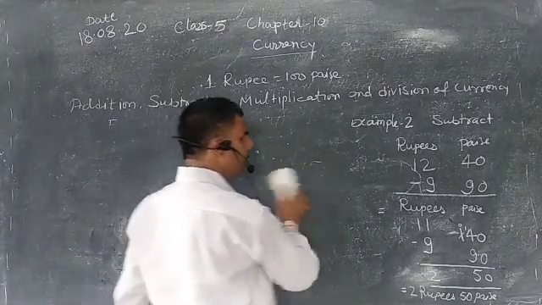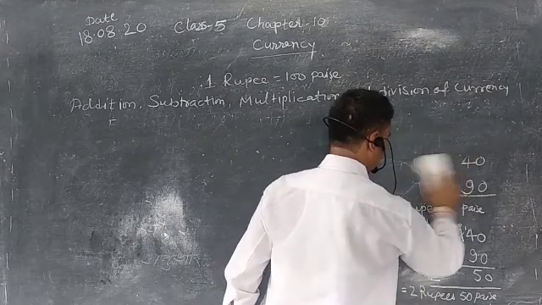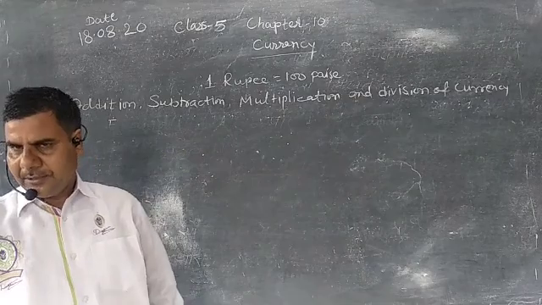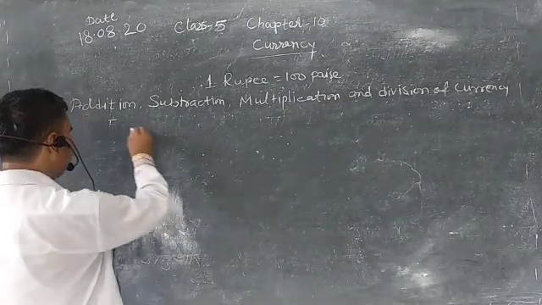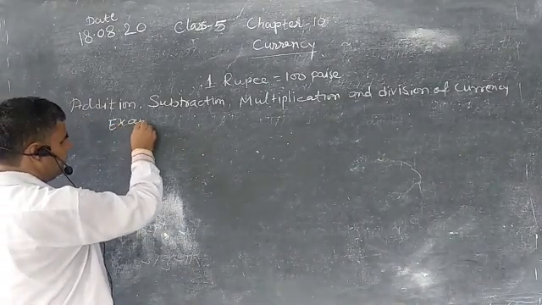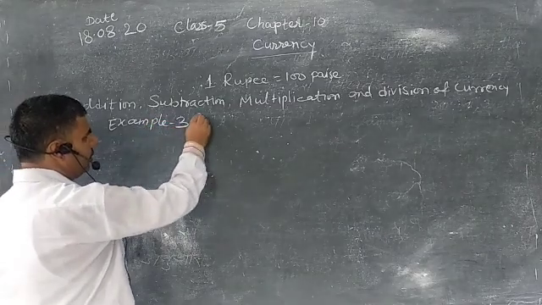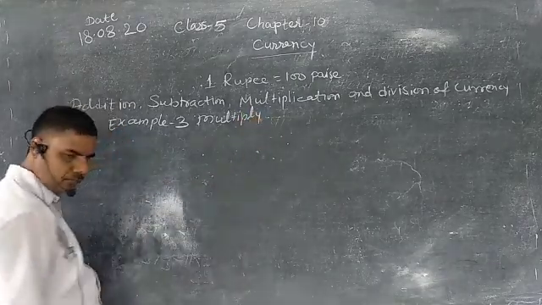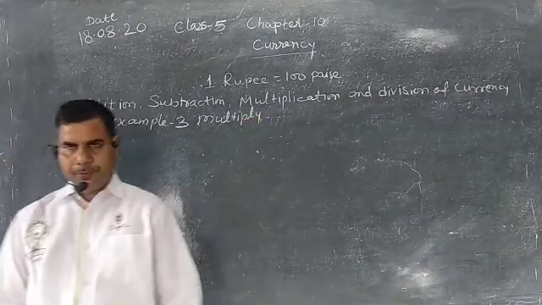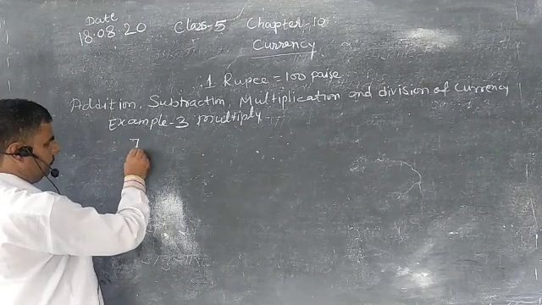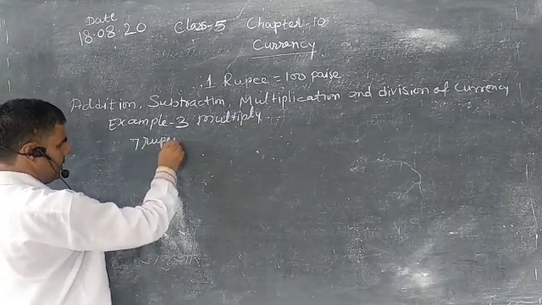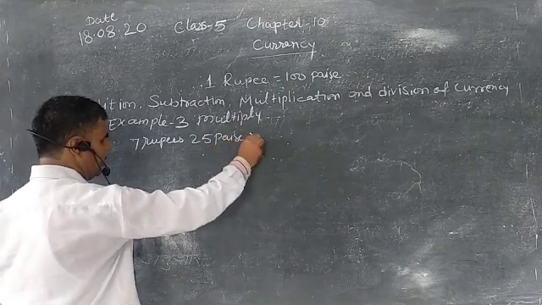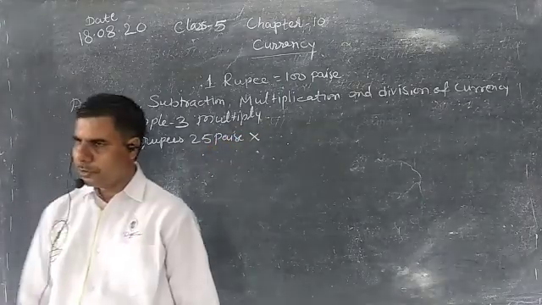How to multiply and divide currency. Now we take example 3. Multiply 7 rupees 25 paise. 7 rupees 25 paise multiplied by 5.